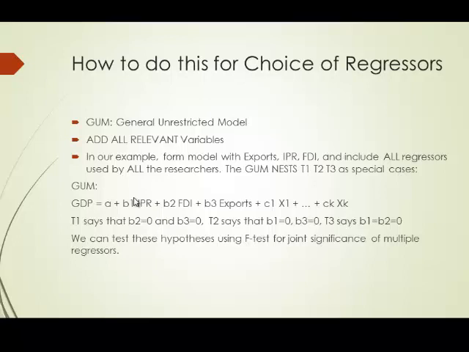Now you have a model for which you cannot say that something which somebody considered significant has been omitted. This is still a big restriction. There may be something which is missing, but now we are talking about what is feasible to do rather than what is ideal. So for the particular example, I could start with GDP, and I put in IPR, and I put in FDI, and I put in exports, and all other important variables, and now I look at what comes out significant in this regression.